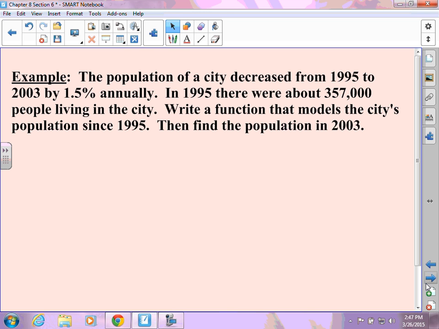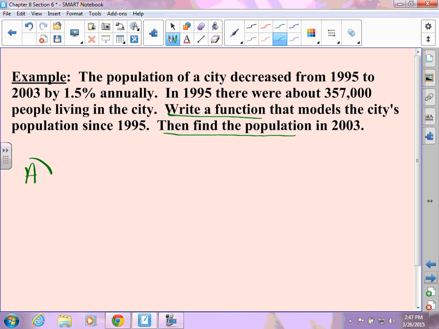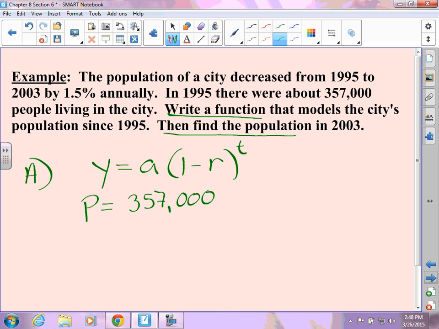First of all, we need to find the function, and after that, we're going to find the population. So this is kind of a two-parter. For the first part, A, we're going to use the equation they gave us: y equals a, parentheses 1 minus r, to the t power. I'm going to put in P for y because I'm trying to find the population. It started in 1995 at 357,000, so 357,000, parentheses 1 minus the rate.